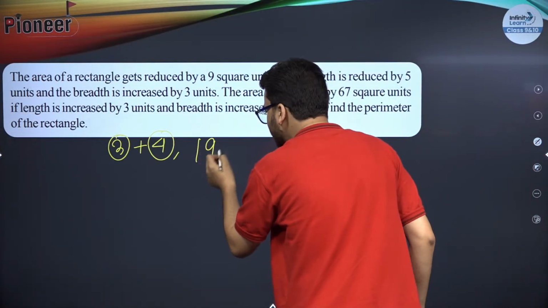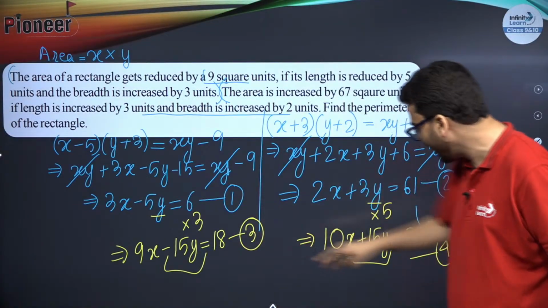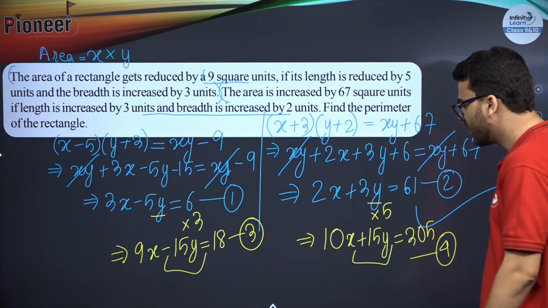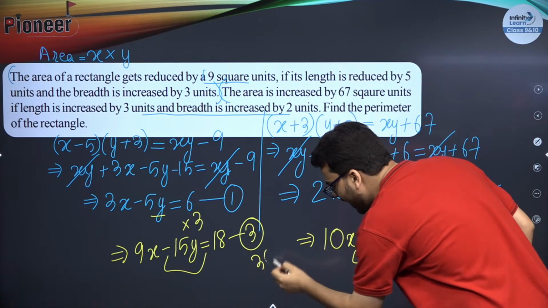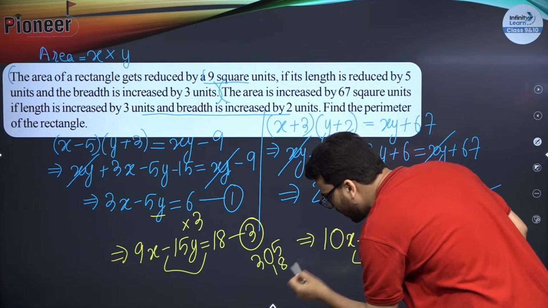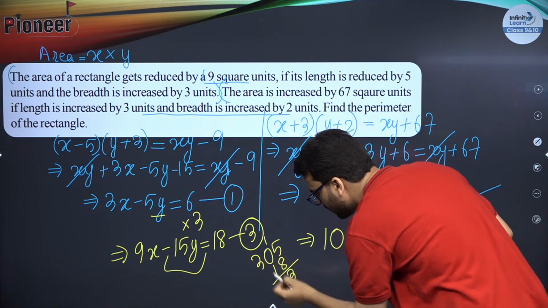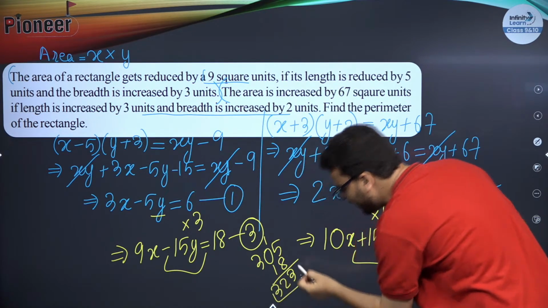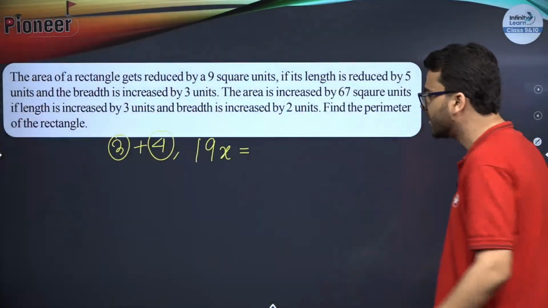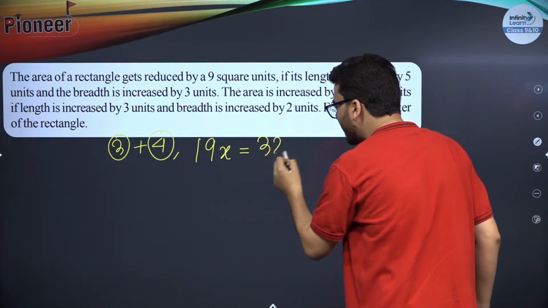So that is 19x. And on the other side of the equation, what will you get? You'll get 18 and 305. So basically it is 305 plus 18. So what is that equal to? 323. So this is coming out to be 323.